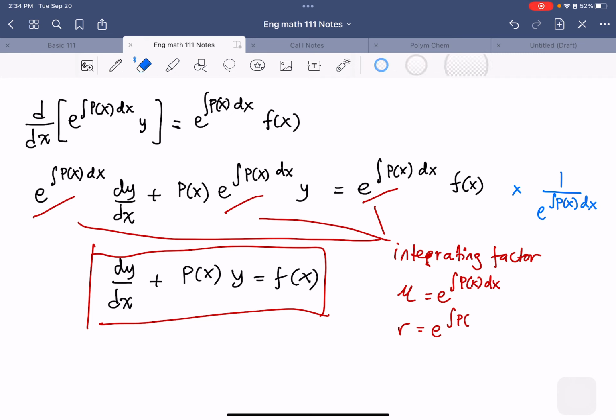Basically they're the same thing. So you may find another resource, maybe from YouTube or another book, with different symbols, but they mean the same thing. They mean the integrating factor.